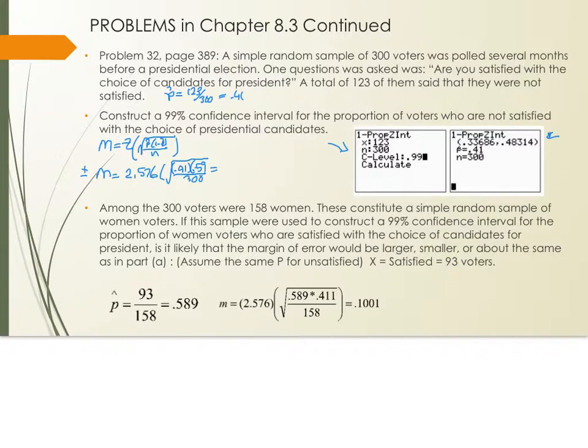Here we get a margin of error of 0.0731.